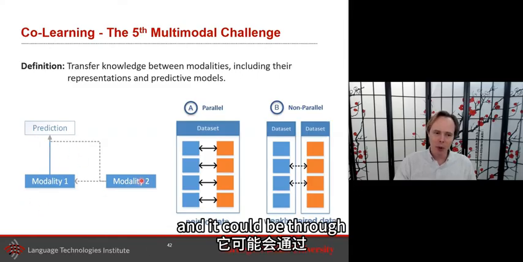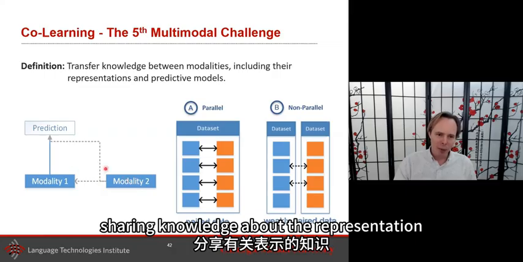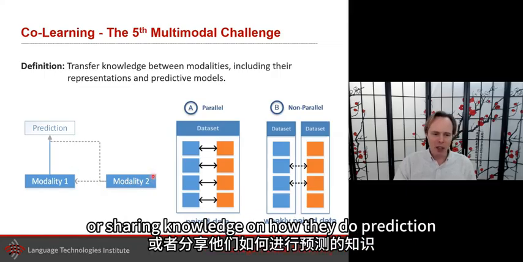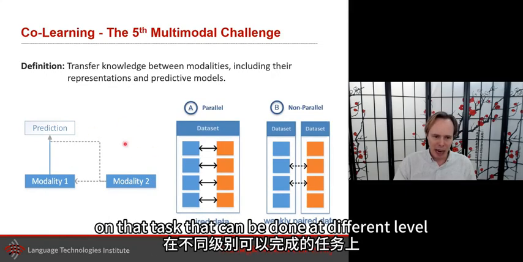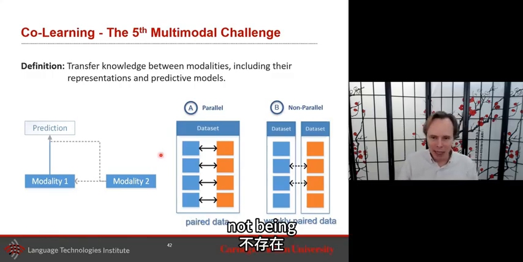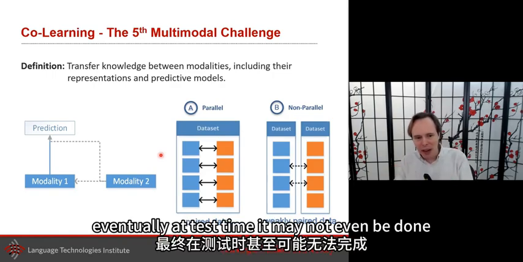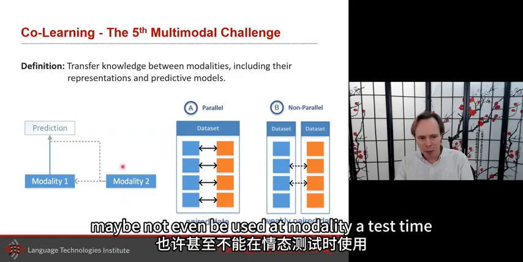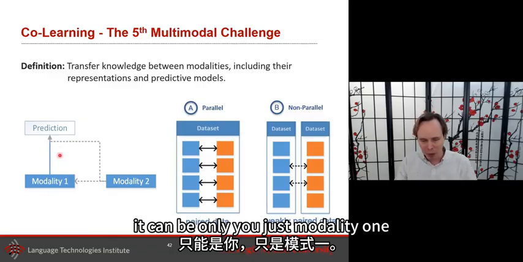It could be through sharing knowledge about the representation or sharing knowledge on how they do prediction on that task. That can be done at different levels, but that's the idea of bringing extra knowledge. Eventually, at test time, maybe that modality is not even used. It can be only modality one.